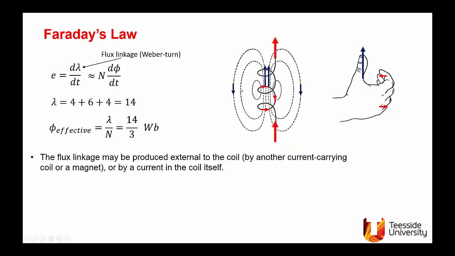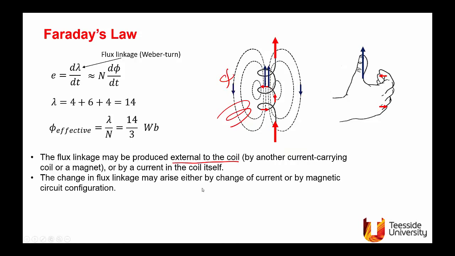For this coil shown here, of course there will be an EMF if the flux phi changes; an EMF will be induced in this coil itself. However, if I bring another coil and put it in the proximity of the first coil, the red coil will be cut by the flux lines, so the flux could be external to the coil.